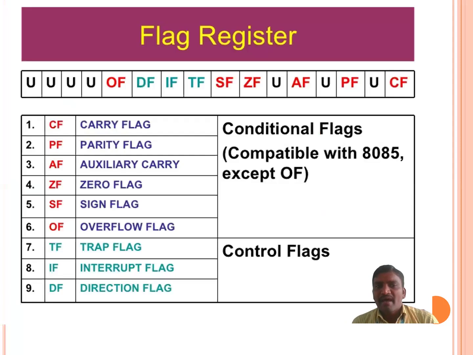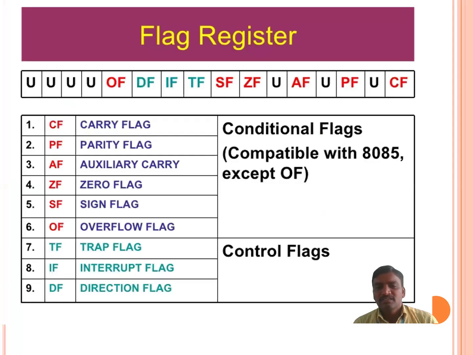And the next one is the parity flag. What is meant by the parity flag? It checks whether the even number of ones is available in the result or not. When this bit is set to 1 and when it is reset to 0: after performing an ALU operation, whatever result you get, it checks the number of ones in the lower byte of the result.